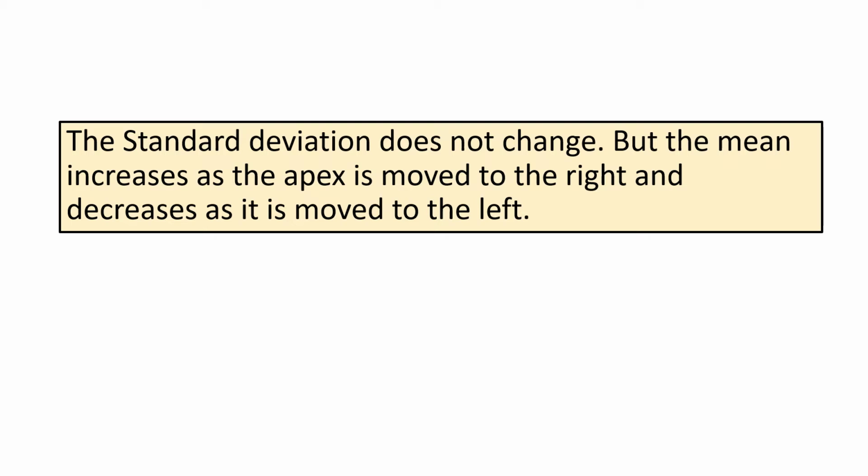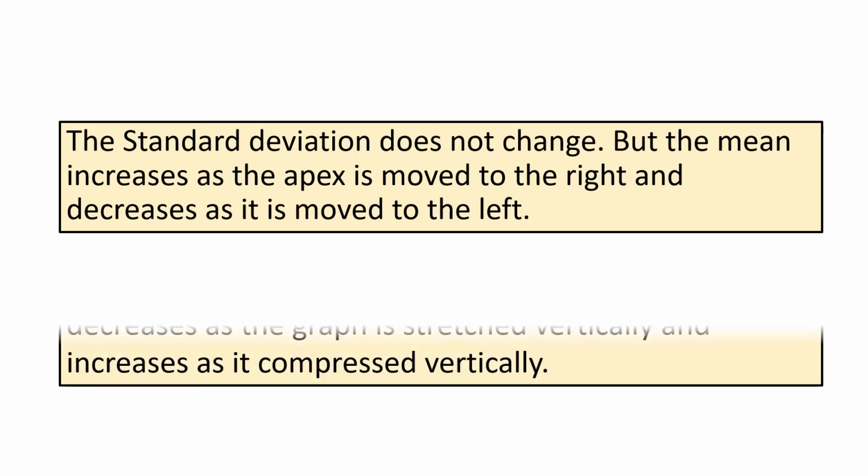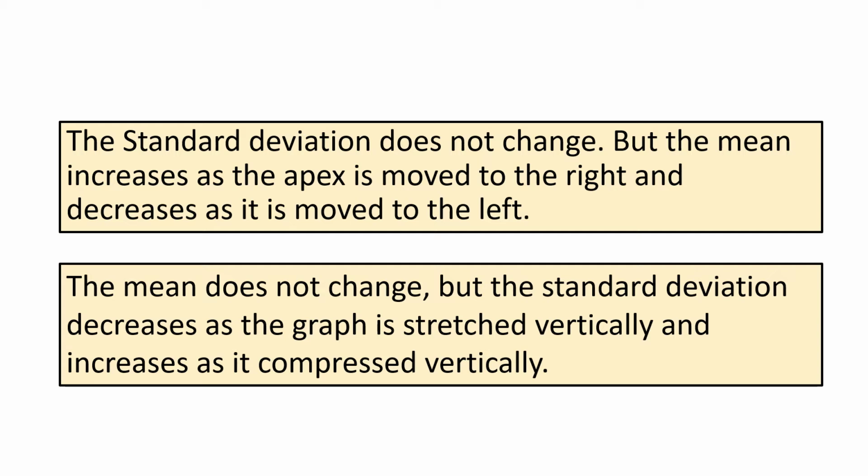So the standard deviation does not change, but the mean increases as the apex is moved to the right and decreases as it is moved to the left. The mean does not change, but the standard deviation decreases as the graph is stretched vertically and increases as it is compressed vertically.